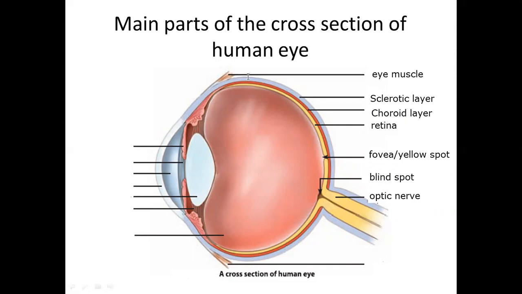Now consider the outermost layer, the sclerotic layer we were discussing. When this sclerotic layer comes to the front, it becomes thin and transparent. This layer is known as the cornea.